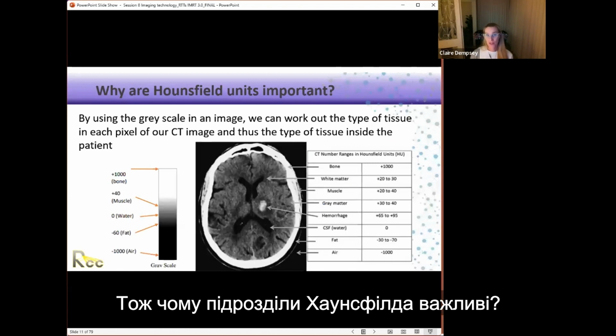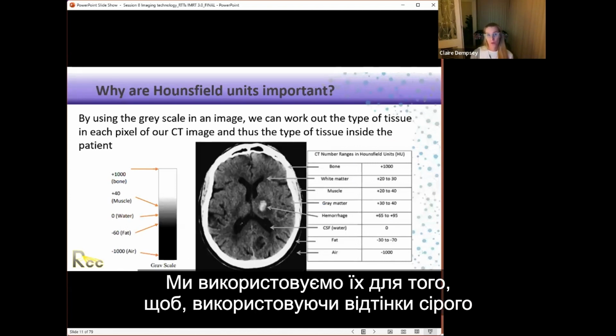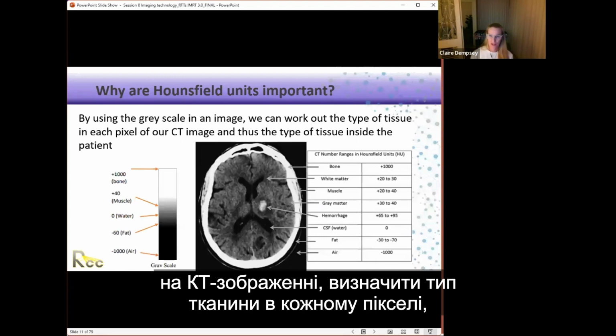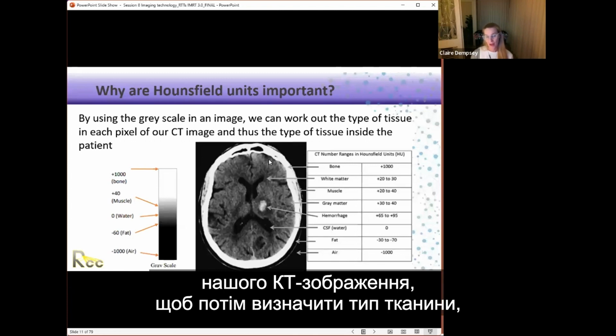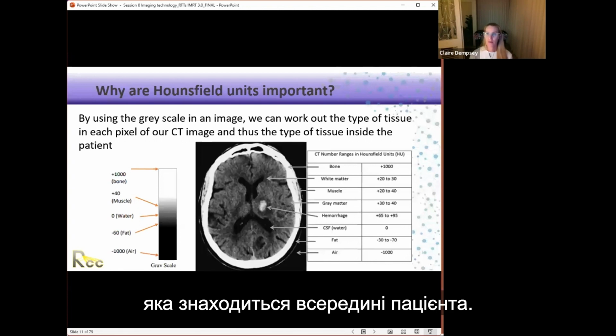So why are Hounsfield units important? What we use them for is by using the grayscale of an image in your CT image, we can work out the type of tissue in each pixel, so each individual dot or small square of our CT image, to then determine the type of tissue that is inside the patient.